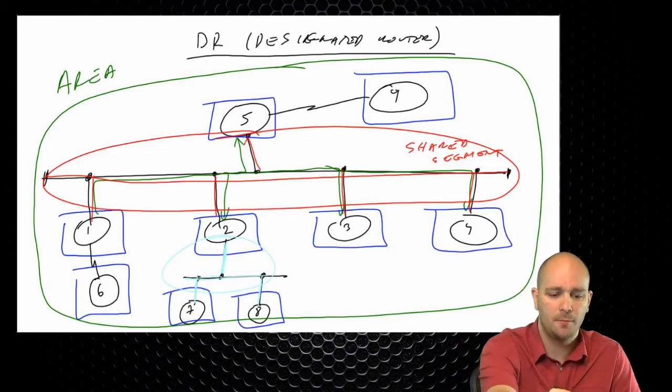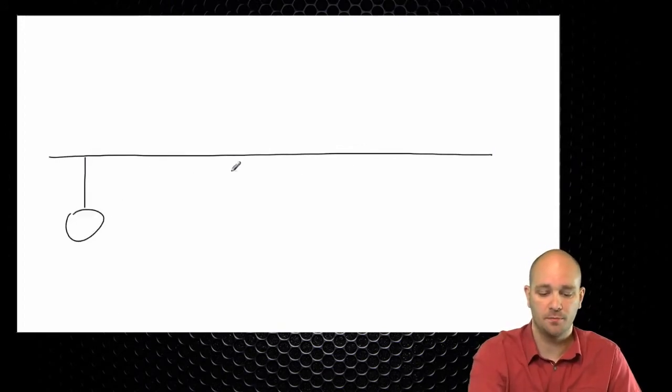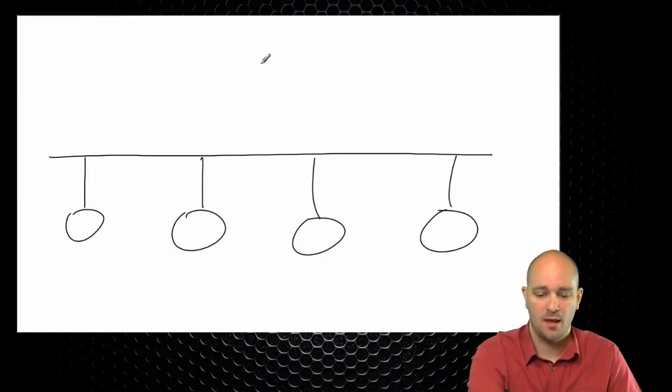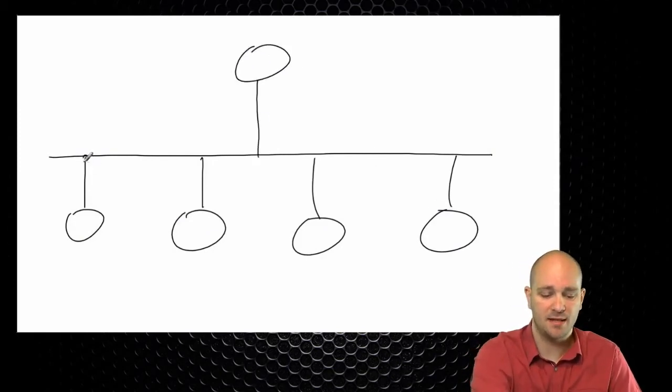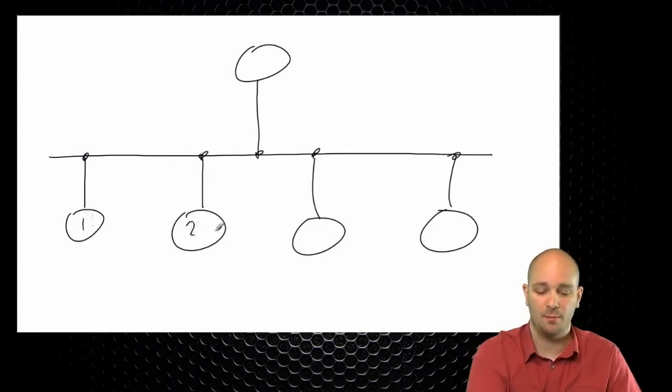So going back to our shared network, just focusing on that one bit. So we are going to have 4 routers here. If the database must be identical on all of them, let's examine what happens.